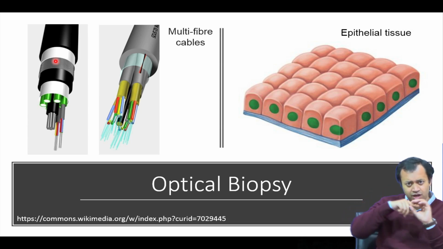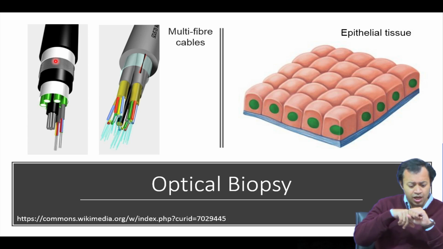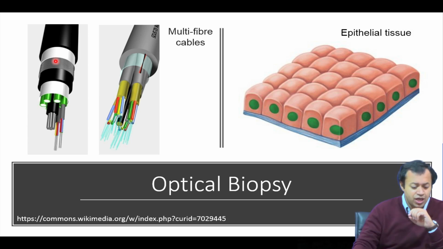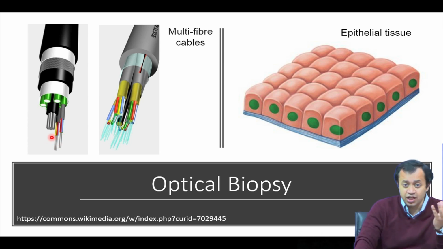We make a very, very small, few-millimeter-thin hole, and into that hole we can dig our multi-fiber cable and send light, either to see it, endoscopy. These days the term endomicroscopy is used. It is the same thing.